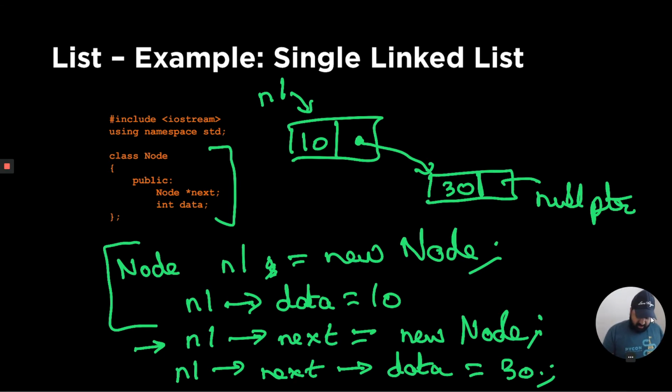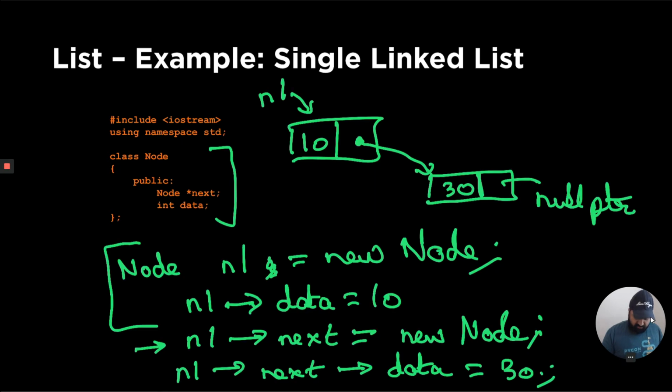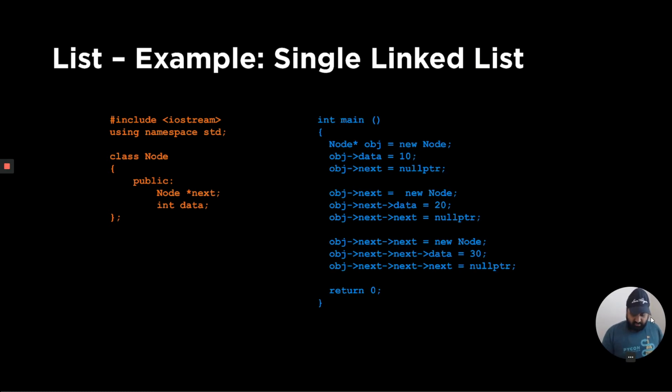We are going to discuss this implementation, where again I have a node star object. I missed a star here, because in C++, whenever we create memory on the heap, it should return a pointer to the memory address in the heap. Next, we are defining object data equal to 10, and then object next equal to null pointer.